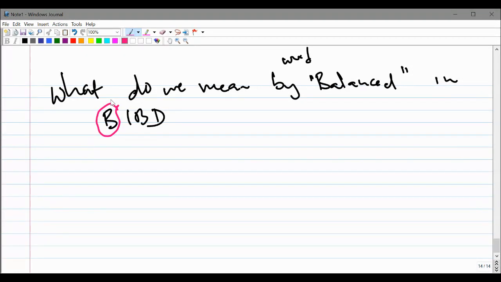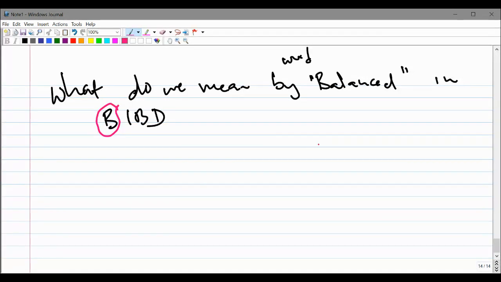For those who were not in class, please revisit the notes and the slides that I presented yesterday. It's only a paragraph, you will get the answer. It's very, very important to understand why we call the design balanced, even though it has some missing observations.